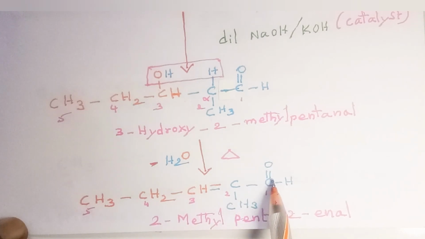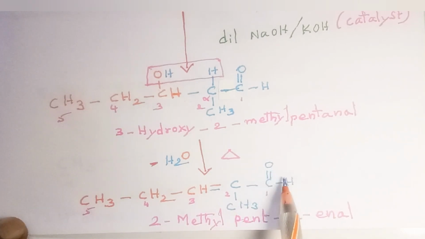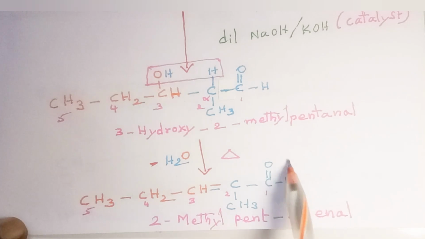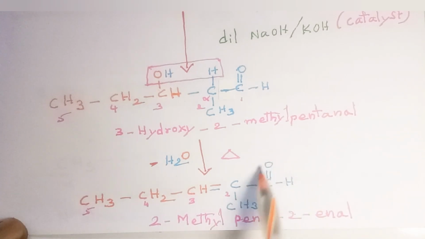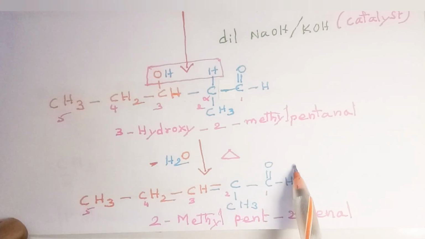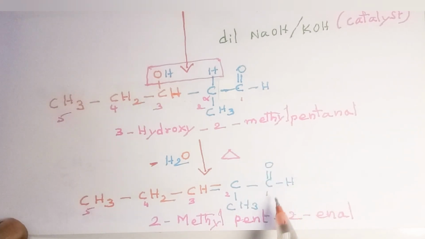C, single bond C, double bond OH. This is the aldehyde functional group, CHO. So it is an enal. There are 5 carbon atoms, so it is a pentenal.